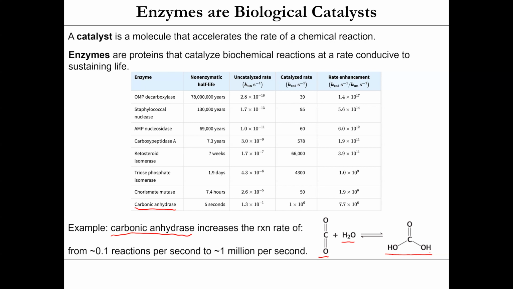Carbonic anhydrase increases the reaction rate of this reaction from less than one reaction per second to about a million reactions per second. This is very important to sustaining life, and it illustrates how important enzymes are and their activity, which is to act as biological catalysts that increase reaction rates of chemical reactions in your body to a rate that is conducive to sustaining life.